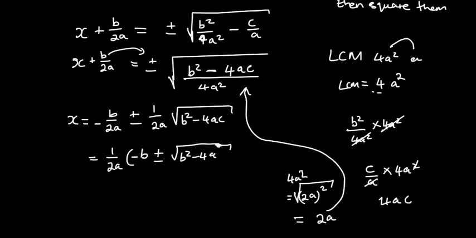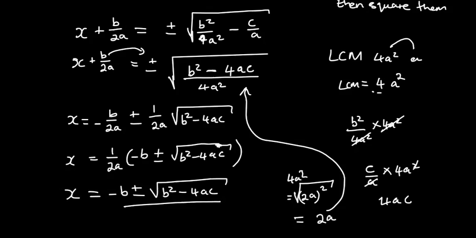Right, so if we have that, then this can be written as x equals minus b plus minus square root of b squared minus 4ac, and all of that divided by 2a.